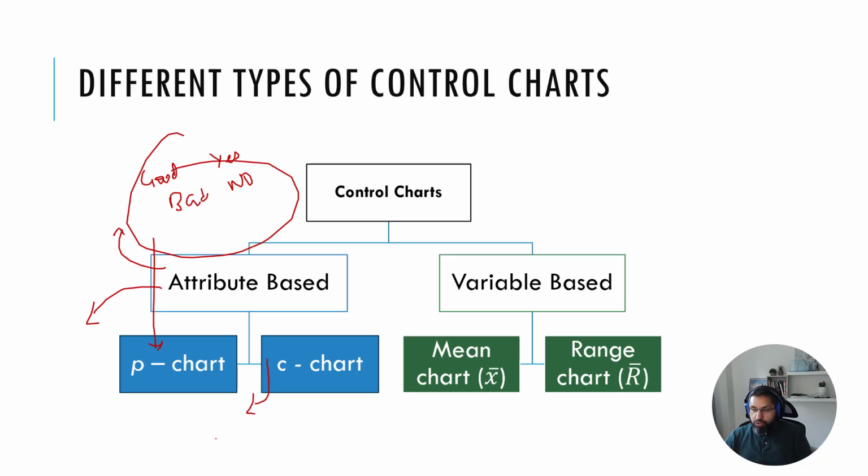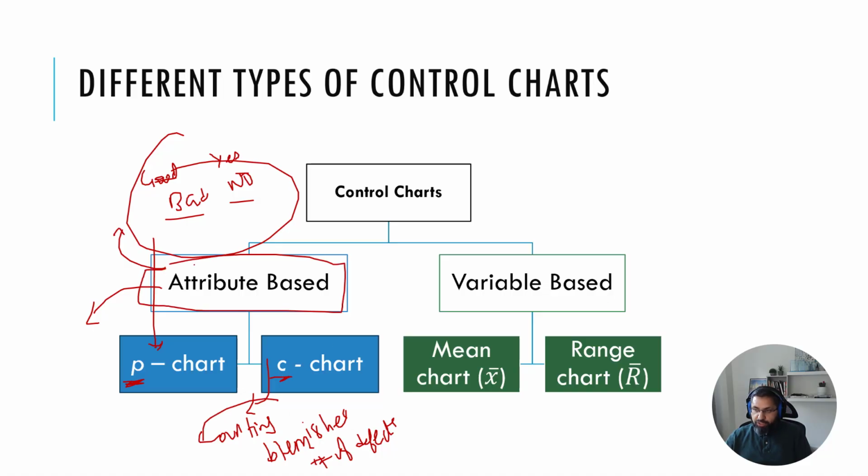Or there is a count chart, which would be counting blemishes or defects. That could be scratches on a surface, the number of problems or defects, or the number of wires not connected properly. That's a count chart, and the P chart is a proportion chart, which deals with good, bad, yes, no type of data, while the count chart deals with count data.